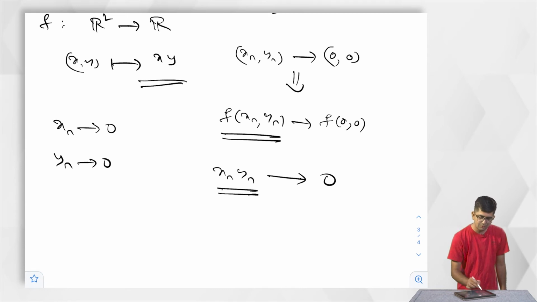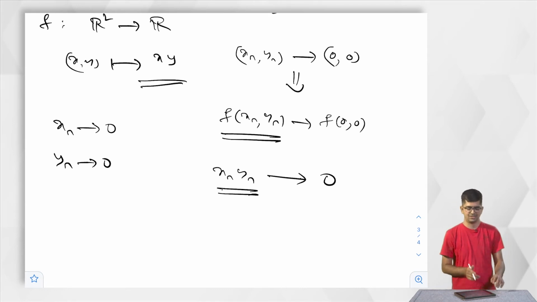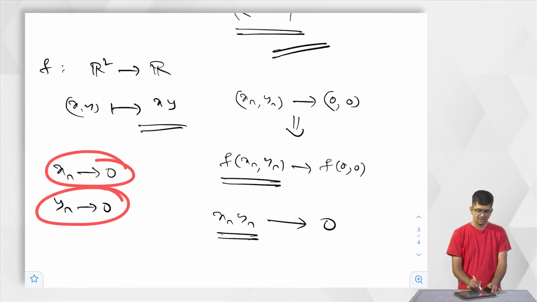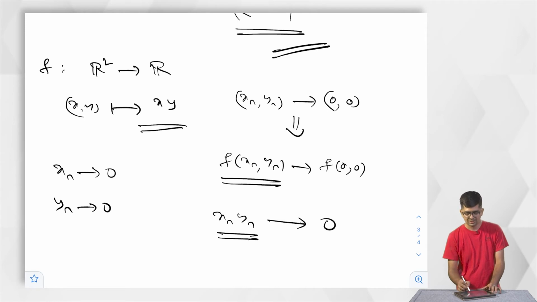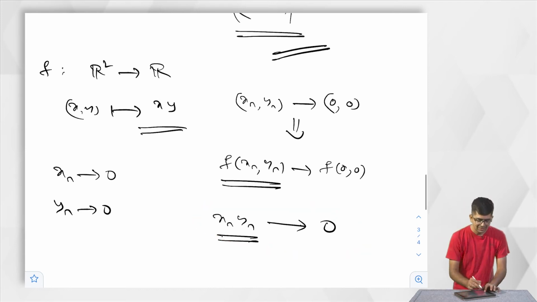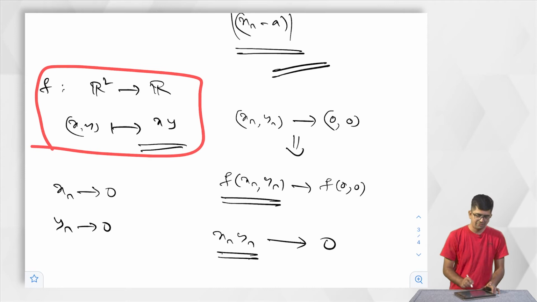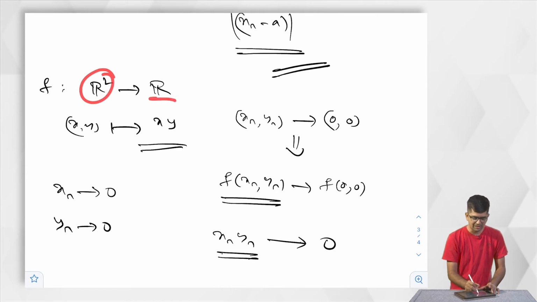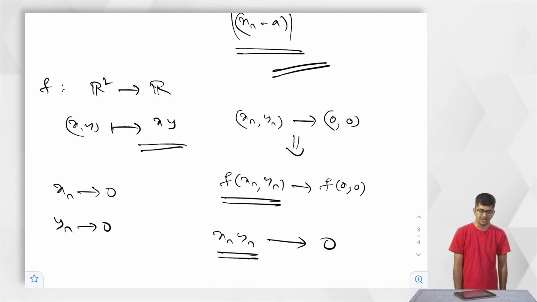Now this is boiling down to the usual convergence of real numbers. There is no R2 anymore. We have two sequences converging to 0. The question is whether the product sequence converges to 0, and we know this is true. So that says this function is continuous with respect to those two metrics, the usual metric on R2 and the modulus metric on R.